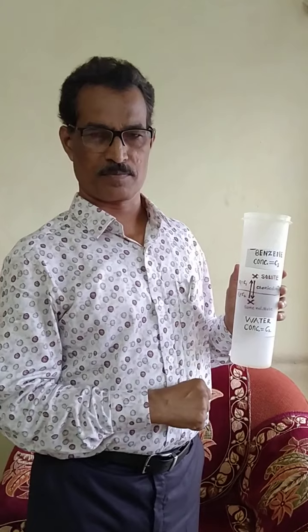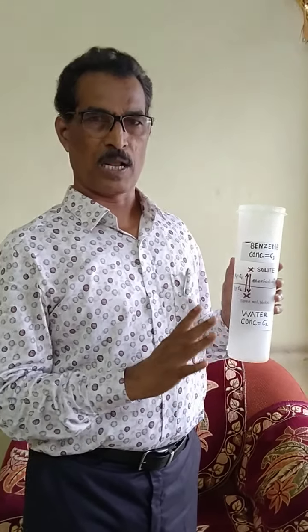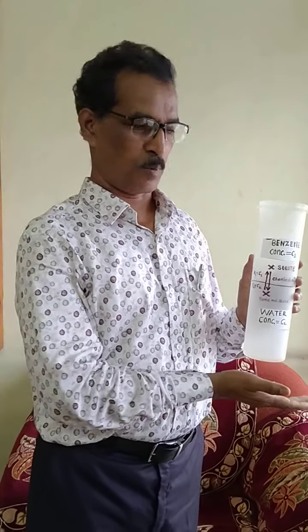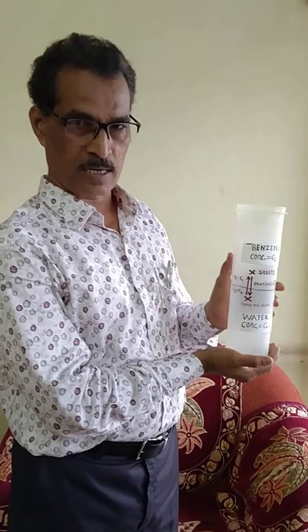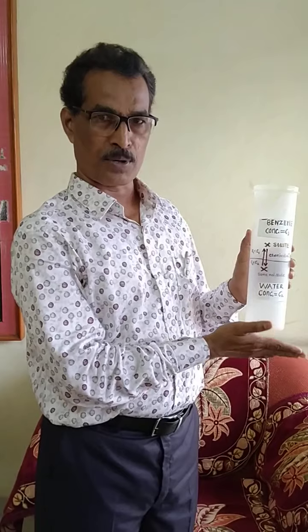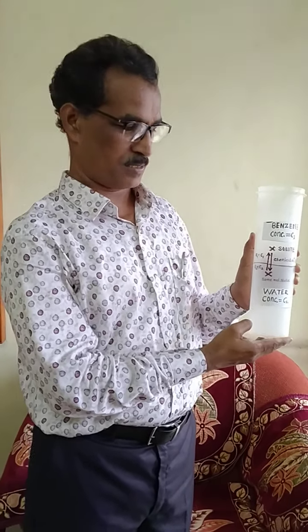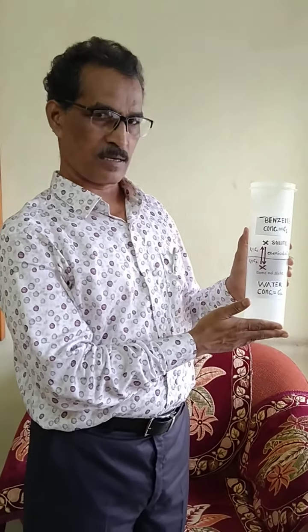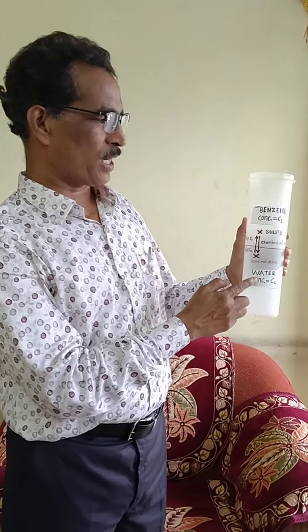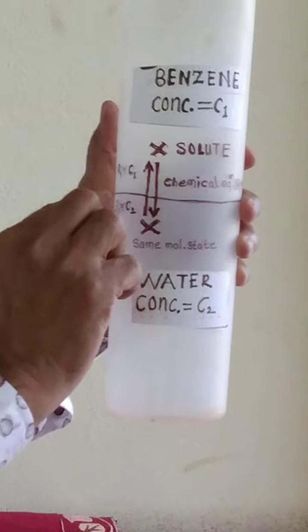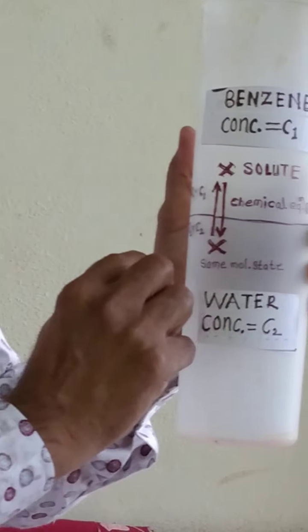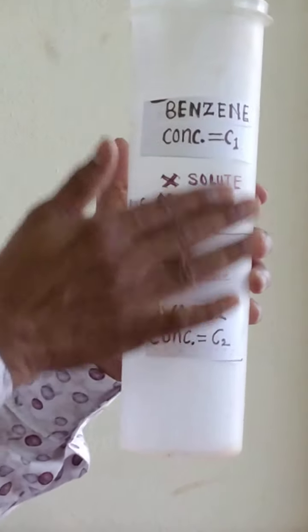Dear students, we learn more practically. Suppose this is a beaker containing a mixture of non-miscible solvents. Consider here a mixture of water and benzene, and here there is an interface, and there are two layers.